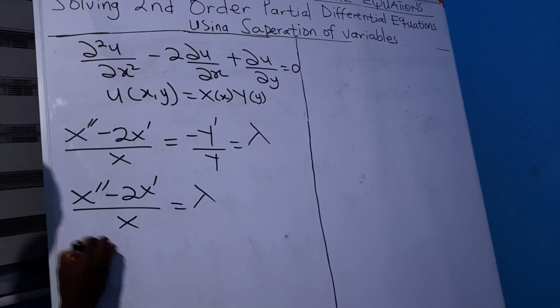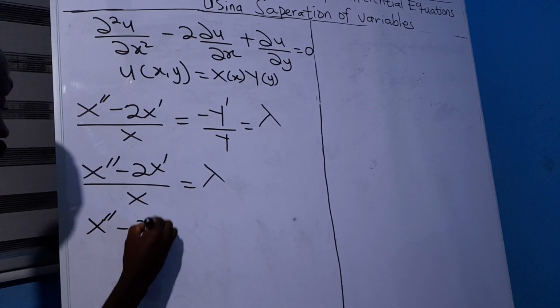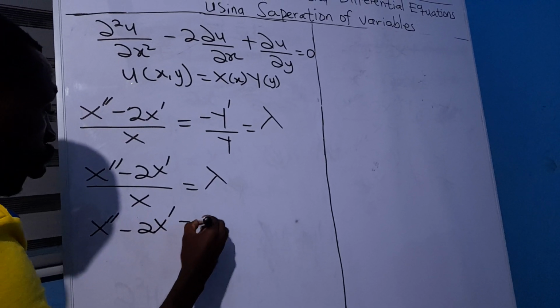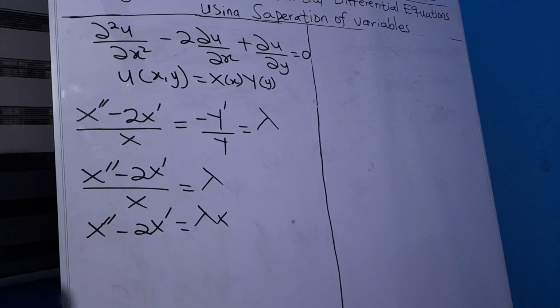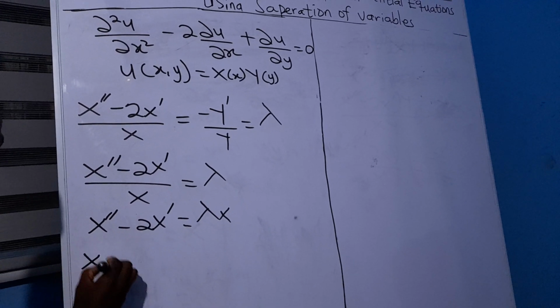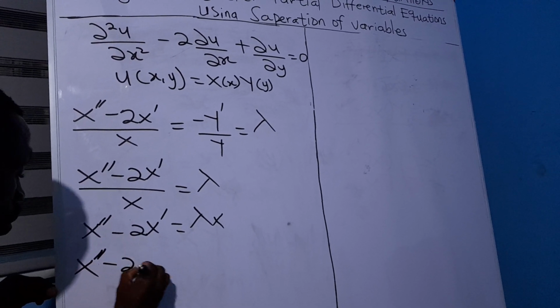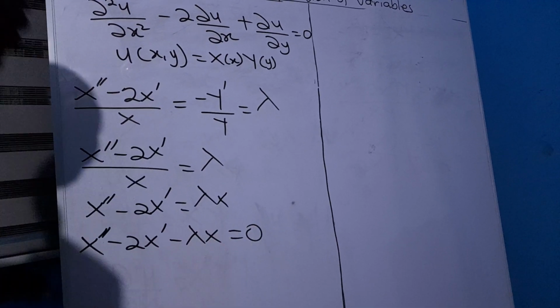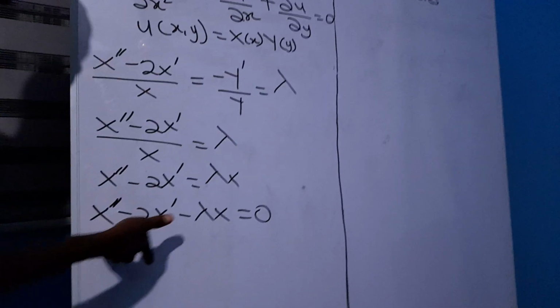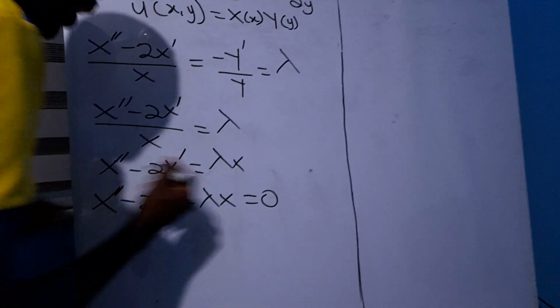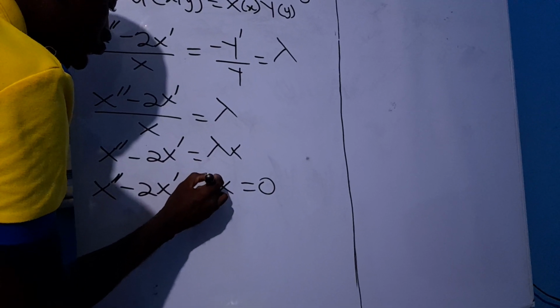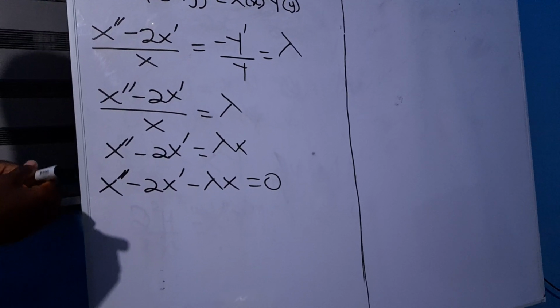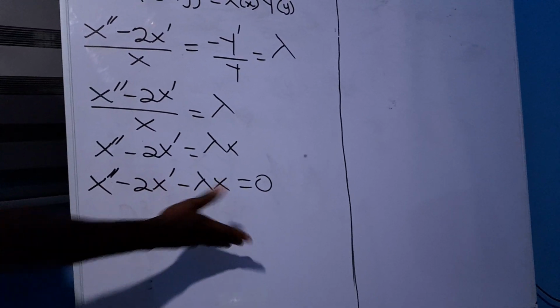On cross multiplying, we get x prime prime minus 2x prime equal to lambda x. You can rewrite it as x prime prime minus 2x prime minus lambda x equal to 0. Then this is a second order ordinary differential equation. So now how do we solve that?